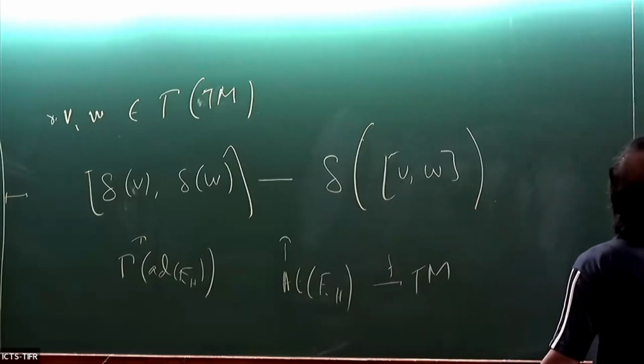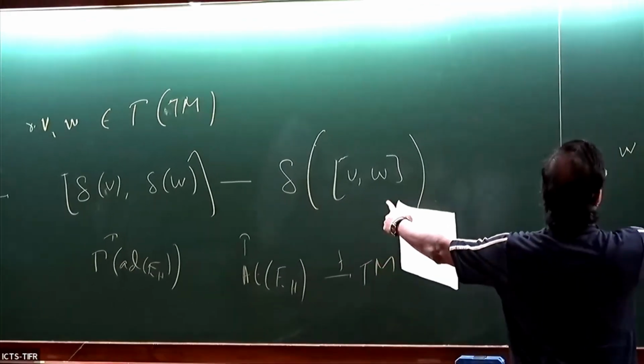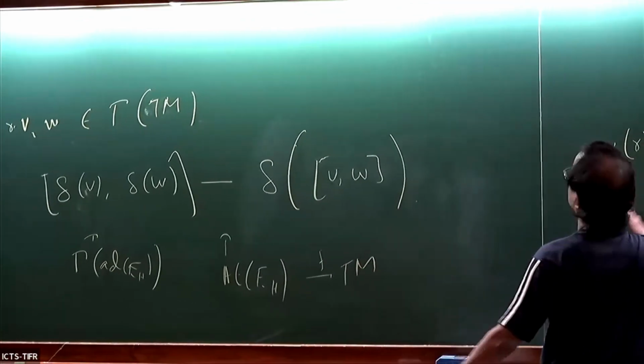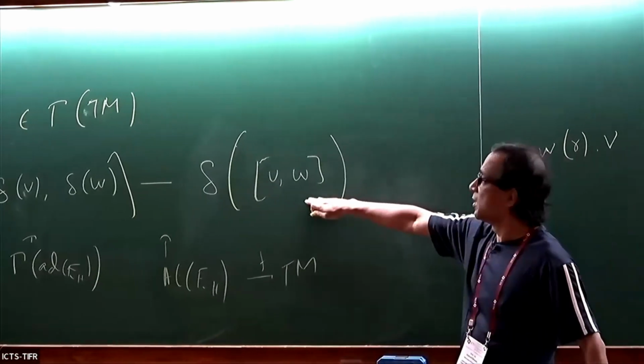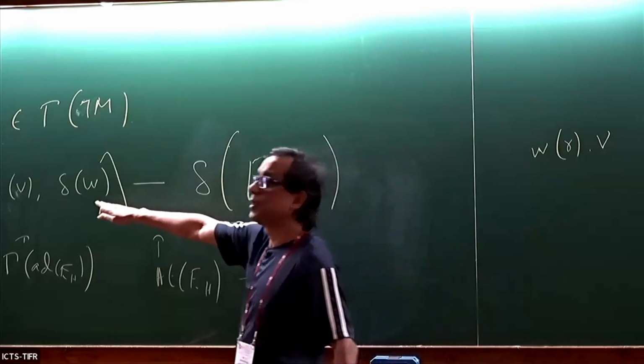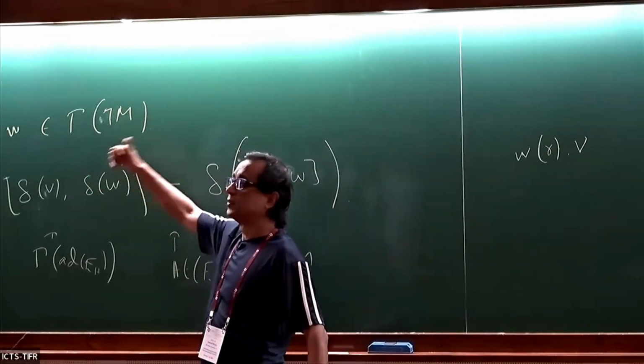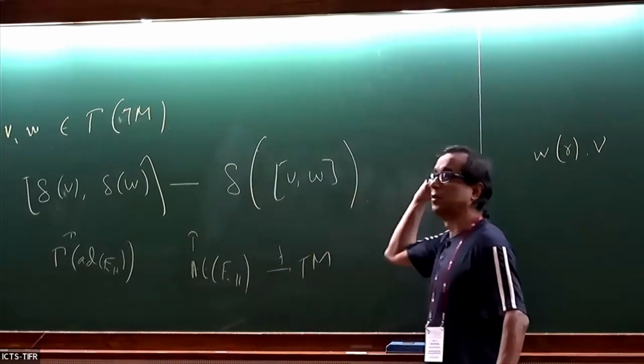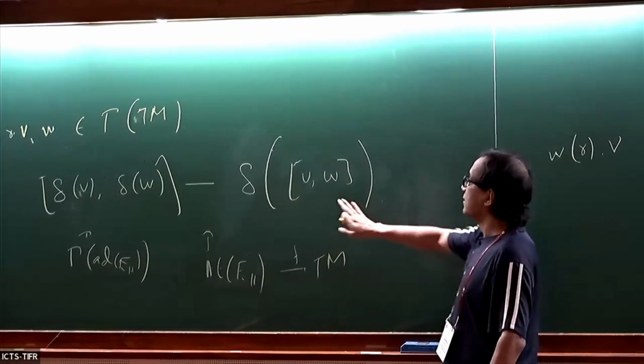W acting on gamma times V. That vector field comes out by the Leibniz rule. And on the other factor also, because this Lie bracket was obtained by the Lie bracket of vector fields. So the same object comes out, and they cancel off.